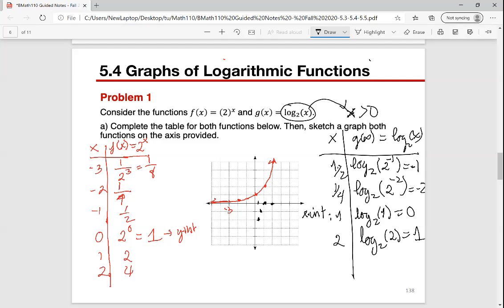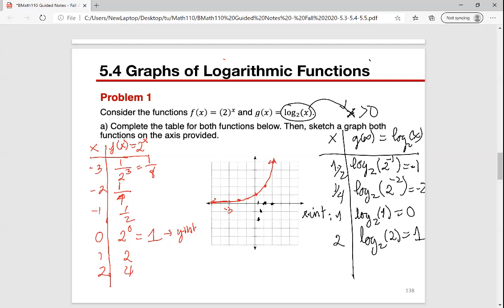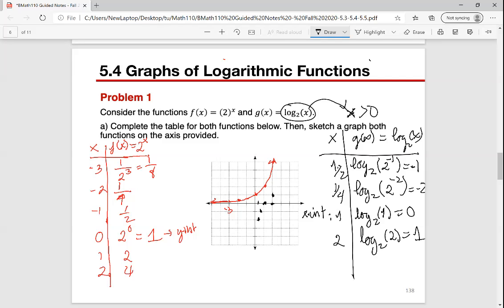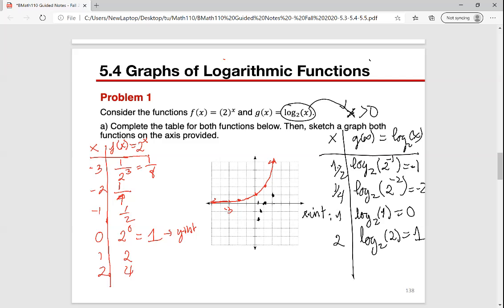Okay, 2 and 1, right here. Not this. Okay. And I'm pretty sure it will go along the y-axis and go to here.